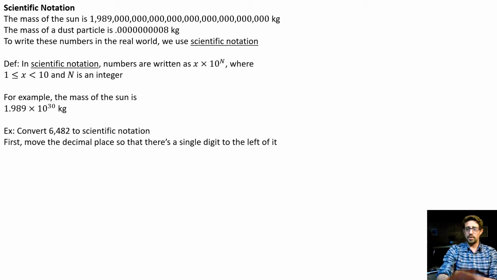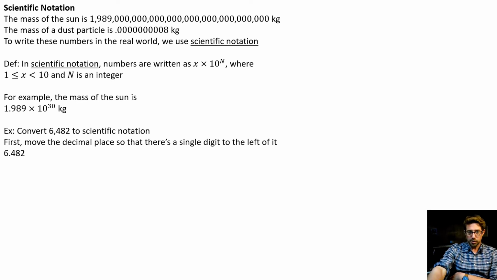So the way to do that is just to move it however many times you need to until there's just a single digit to the left of the decimal place. So it's going to be 6.482. Since you moved the decimal place 3 times, you're going to need a factor of 10 to the third.